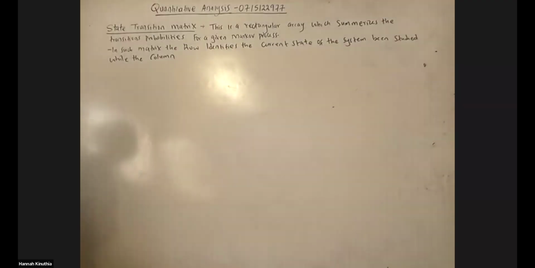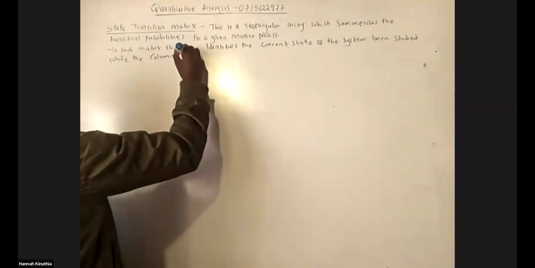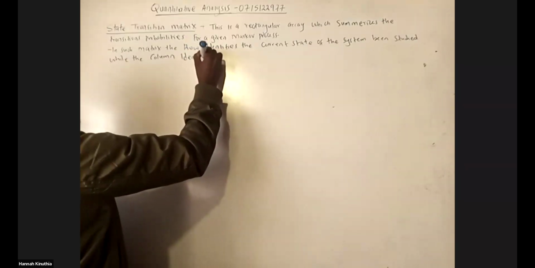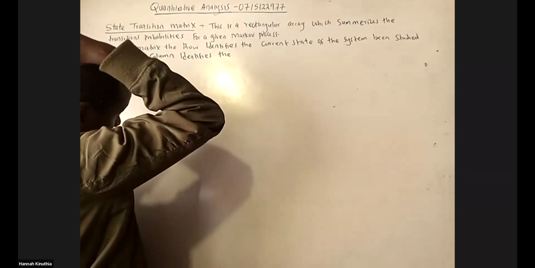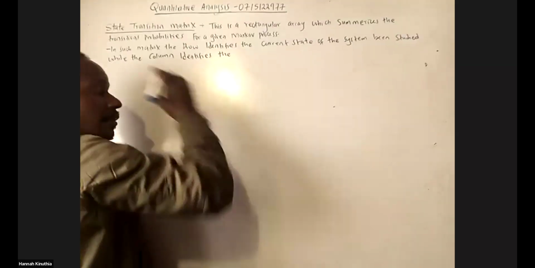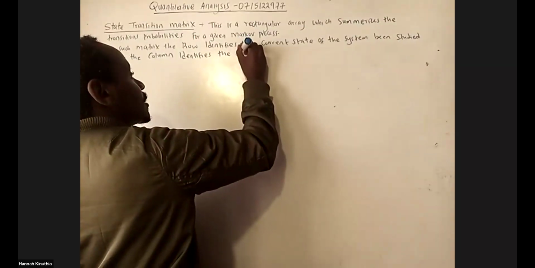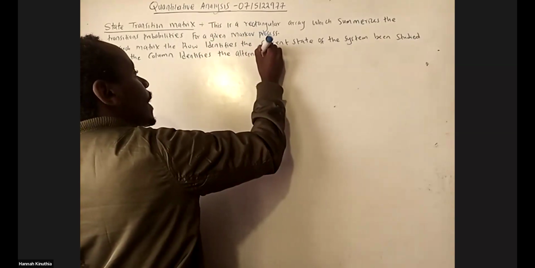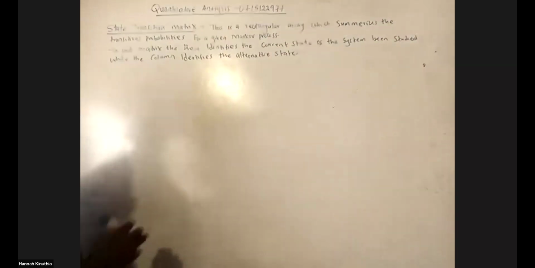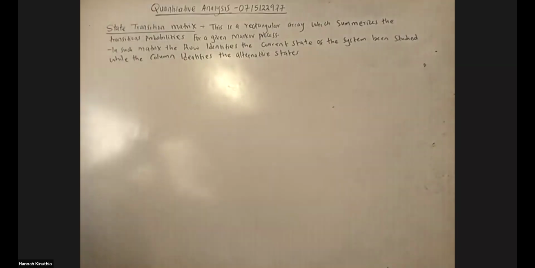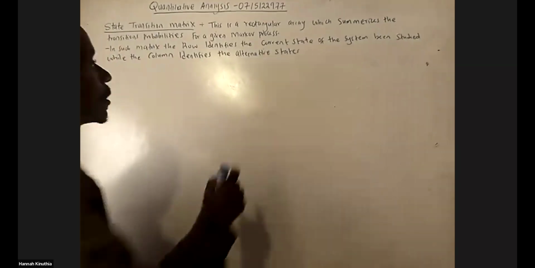Now what does the column identify? So the column identifies the relative states. It identifies the alternative states.